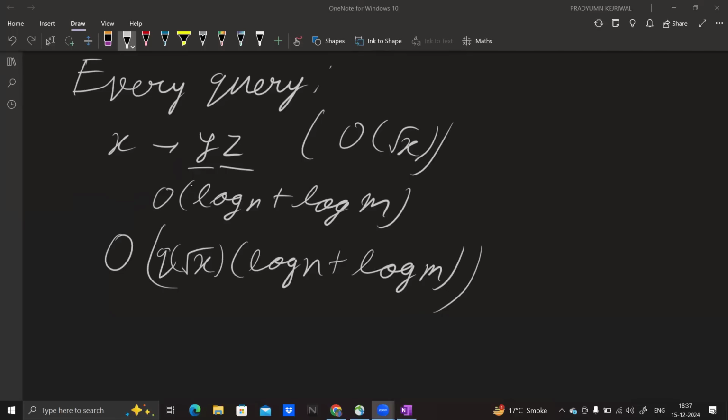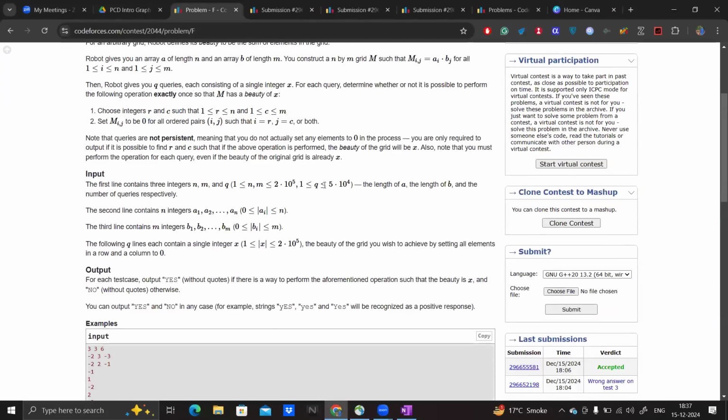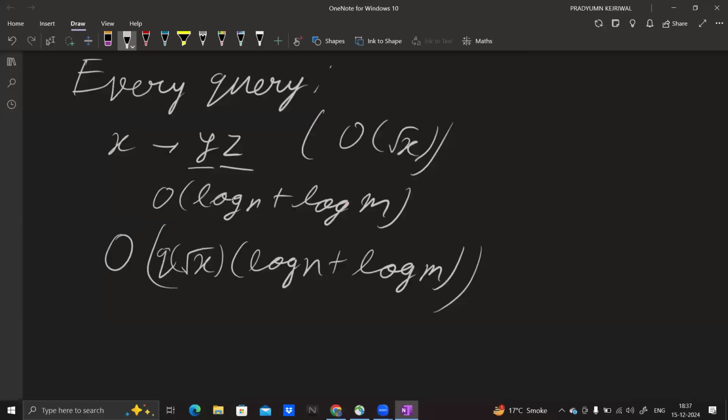This should pass because q is like 5e4 and x is 2e5. So root x will be around 500, and q into root x into log is still small, or like we can say that log is about 20, 20 plus 20, which is 40.